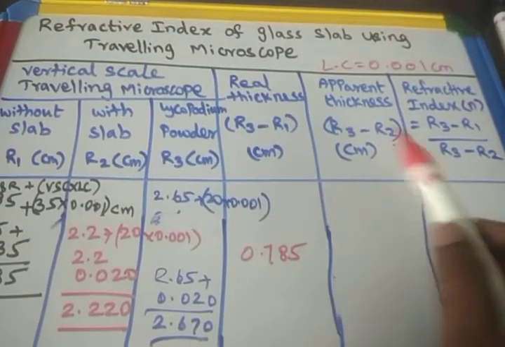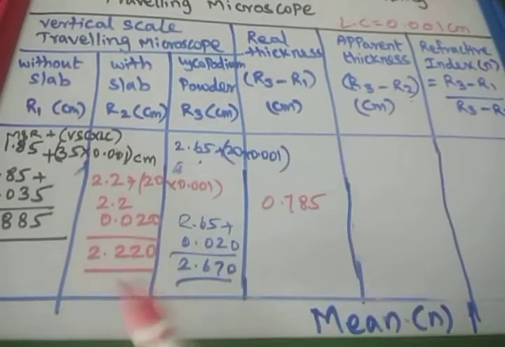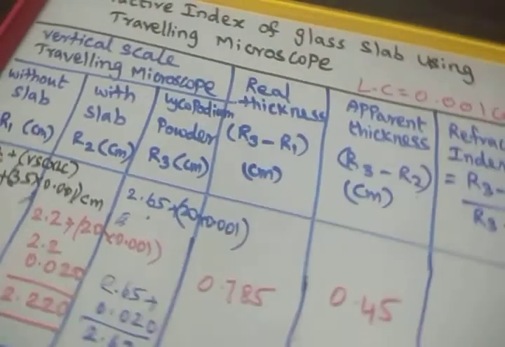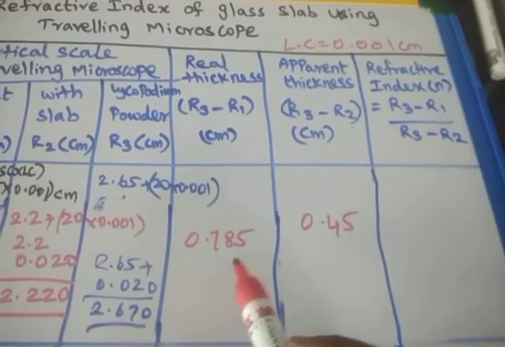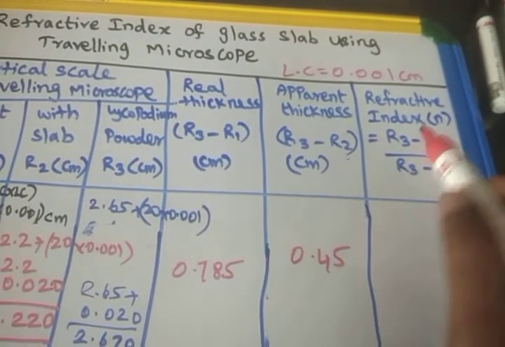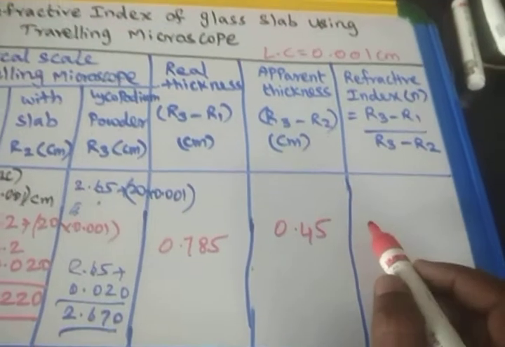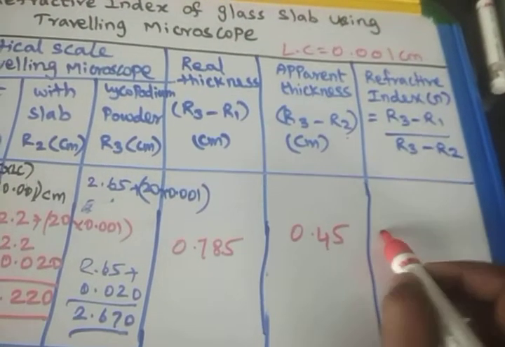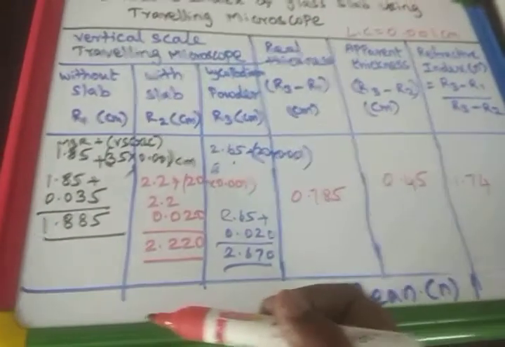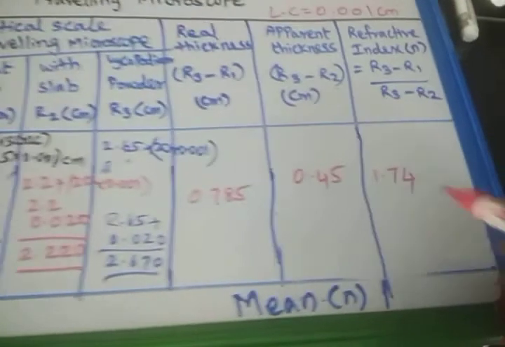R3 minus R2 is the apparent depth, which is 0.45. If you divide R3 minus R1 by R3 minus R2, real depth by apparent depth, that is the refractive index of the glass slab, which is exactly 1.74. If you repeat and take 3 readings, you get the average value of the refractive index of the given glass slab.